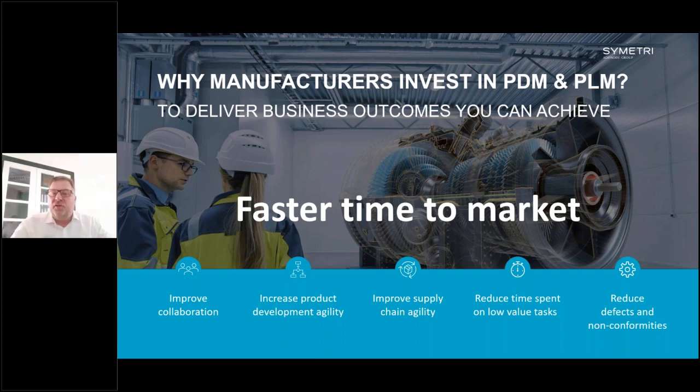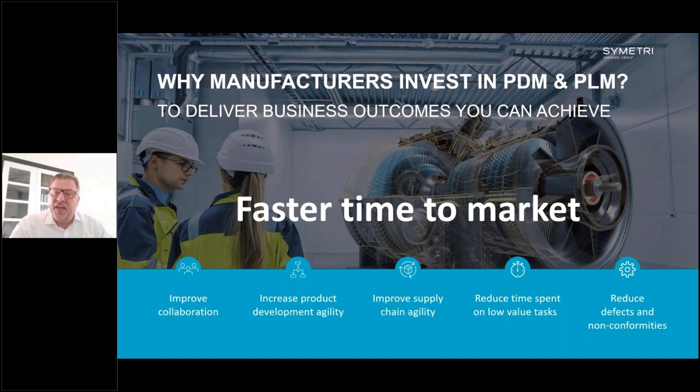And if we have a central source of organized data, internal and external stakeholders can collaborate on designs regardless of the design tool. We can increase product development agility, giving your organization the ability to make changes more rapidly from concept to production, greater innovation, fewer iteration cycles on design, lower your costs.